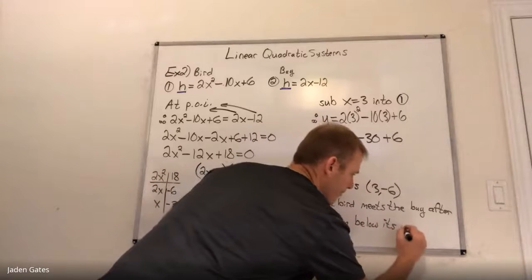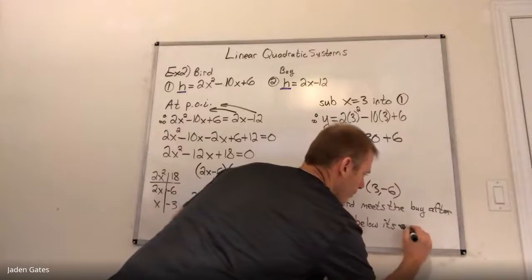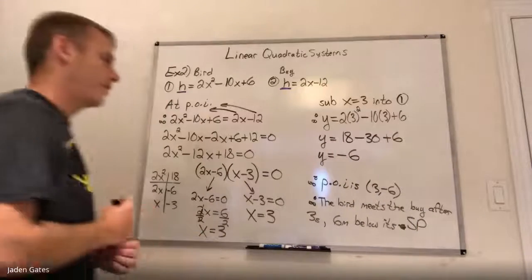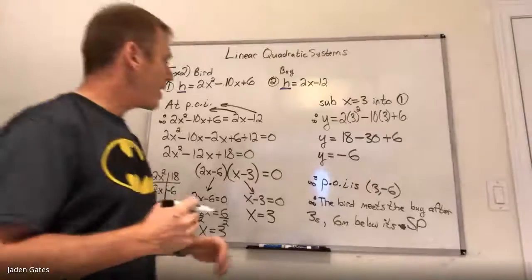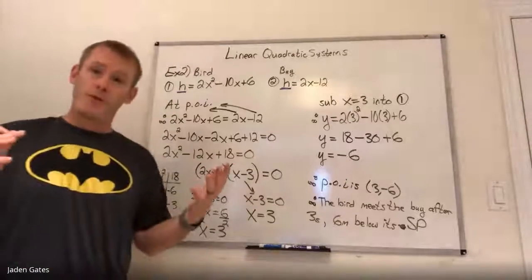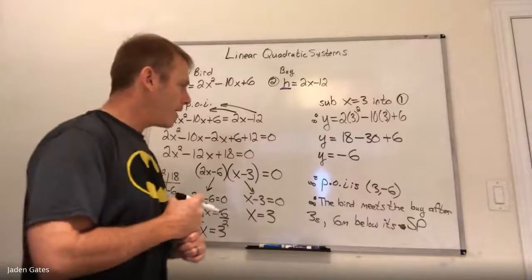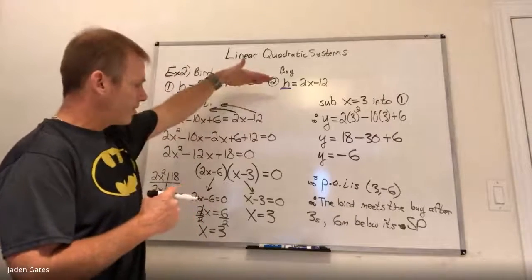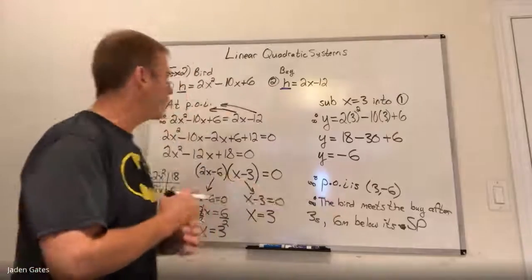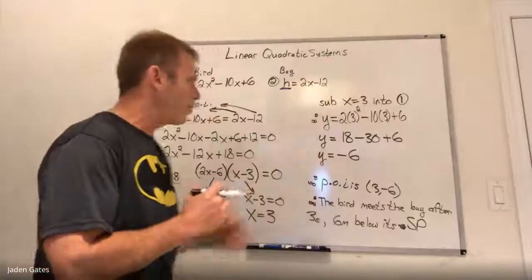I'll put SP here because I don't have room. Starting point. All right. And again, just so I found out that the bird meets the bug, I would assume. So the bird started up at a height and swooped down, 6 meters below where it was.